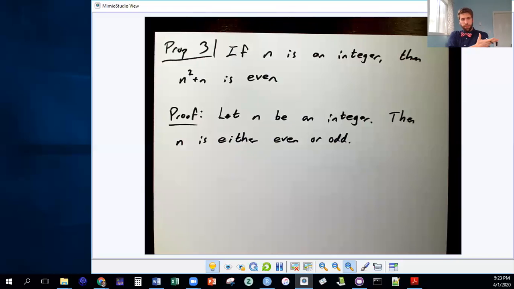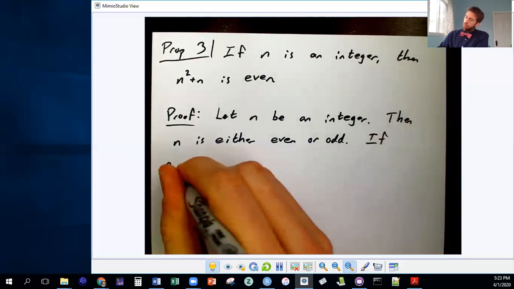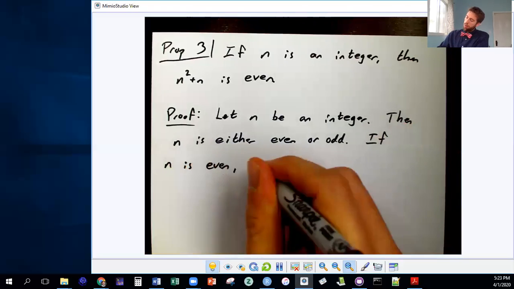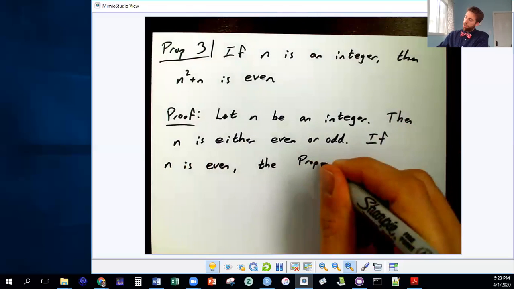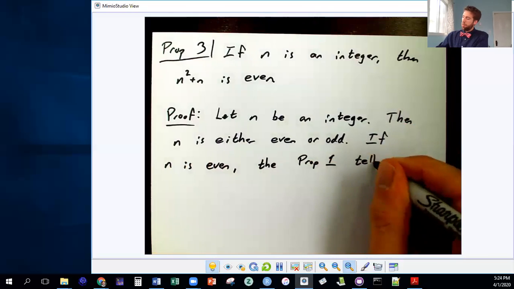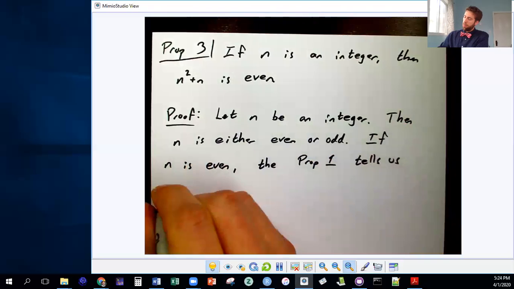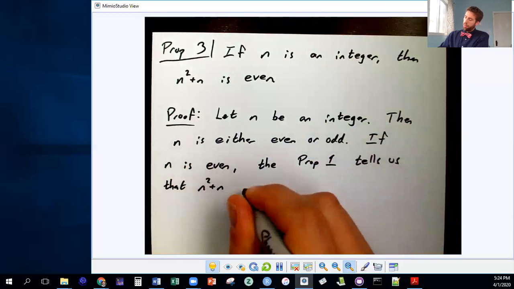If n is even, then proposition 1 tells us that n squared plus n is even.